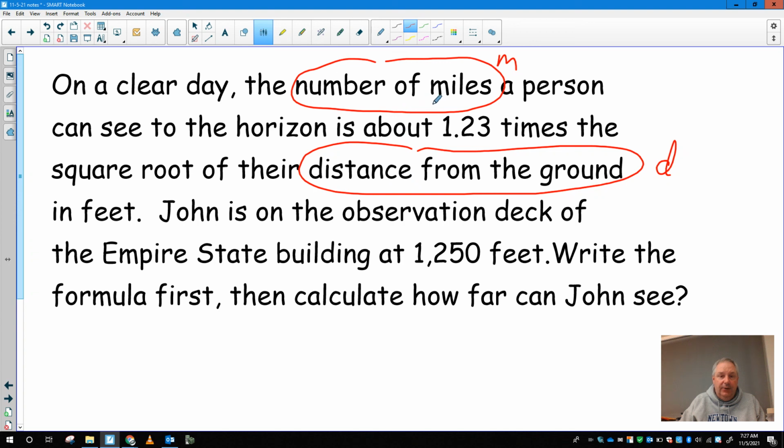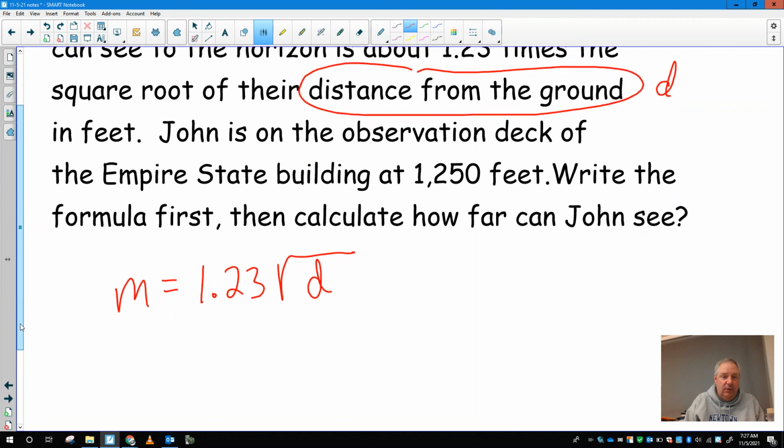Let's read it one more time. The number of miles a person can see, so that would be M, is equal to 1.23 times the square root of their distance from the ground, so times the square root of D. Hopefully that makes sense. Now we just have to plug in once we get the formula.